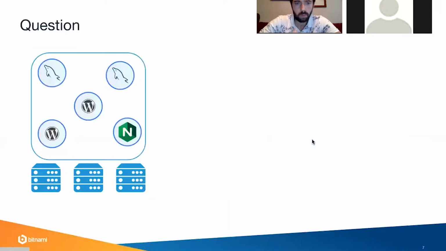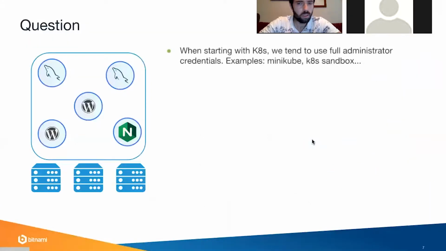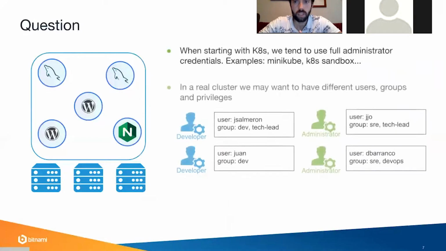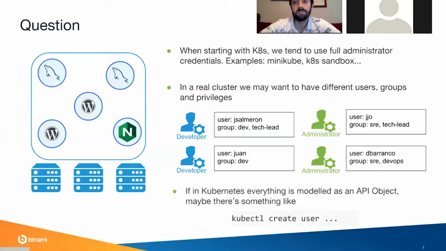As I said before, we've been working with full administrative privileges, but in production we may want to have different kinds of users, for different kinds of operations. They need different usernames, different groups. You may have experience with Kubernetes, and one of the main concepts is that everything can be modeled as an API object.